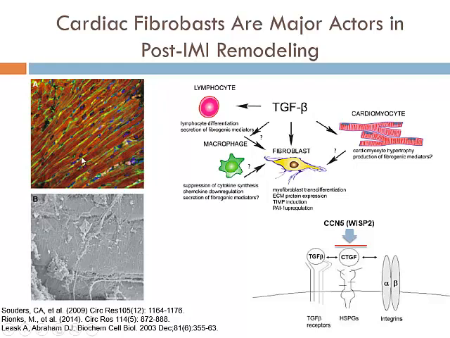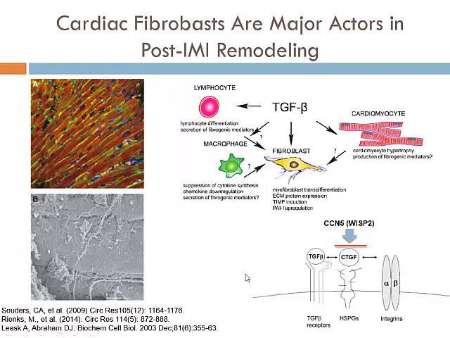A myofibroblast is a cell that produces extracellular matrix actively, and so we presumed that TGF-beta as a central player in this profibrotic process is maybe an actor that we should target in order to reduce remodeling.